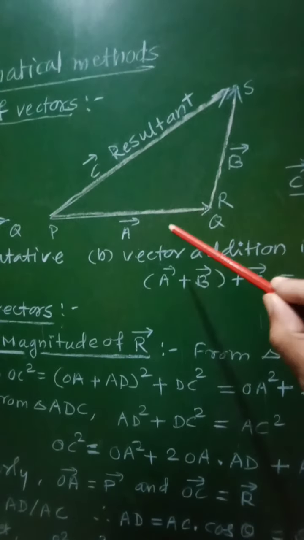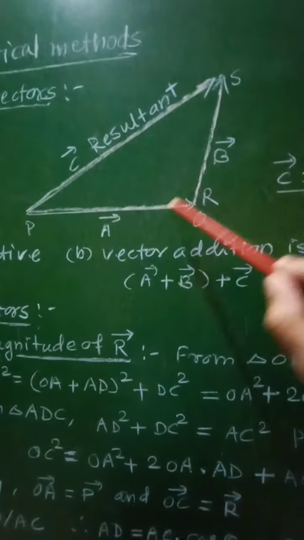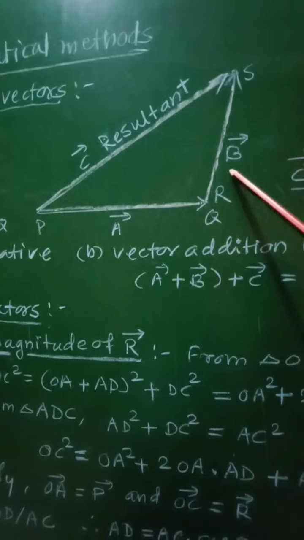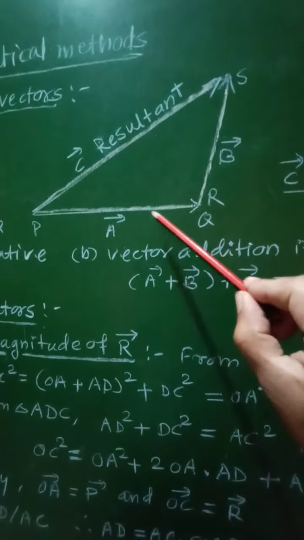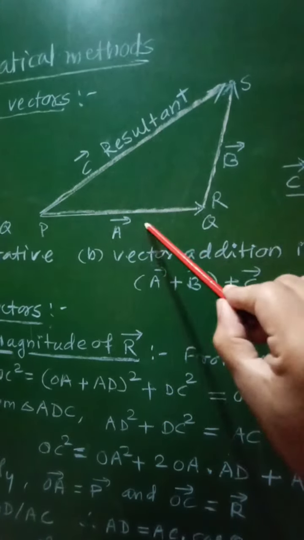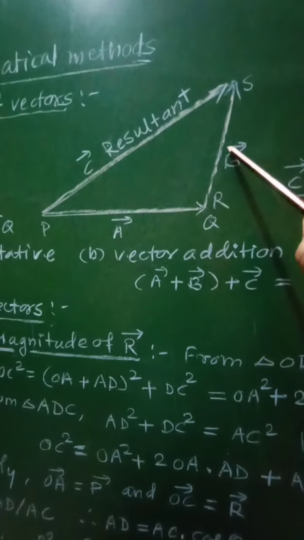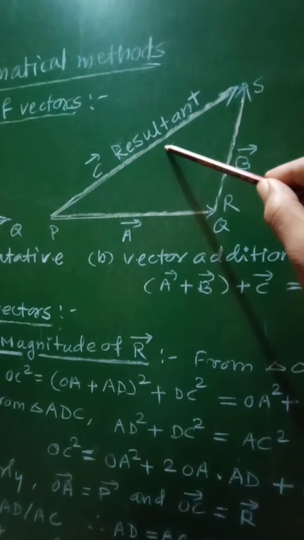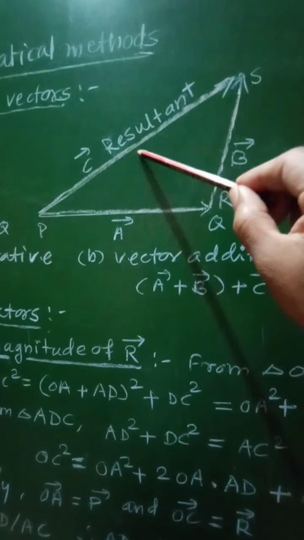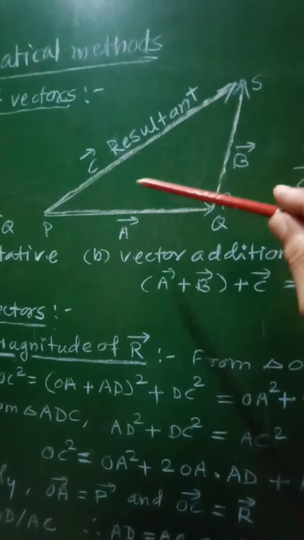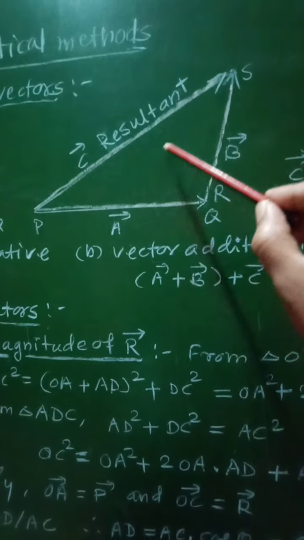Then and only then we can say that the two vectors are taken in order. Now when such vectors which are describing the same physical quantity are represented in magnitude and direction by two sides of a triangle taken in order, then the resultant is represented by the third, that is the remaining side of the triangle, which is drawn in the opposite sense.